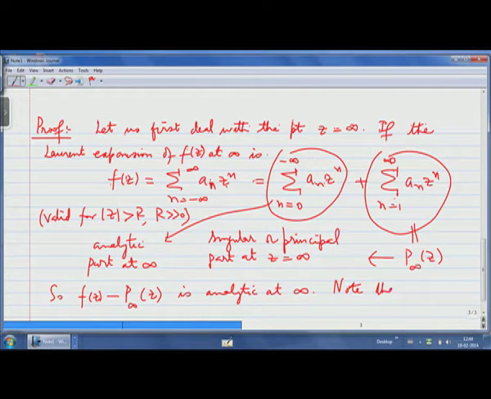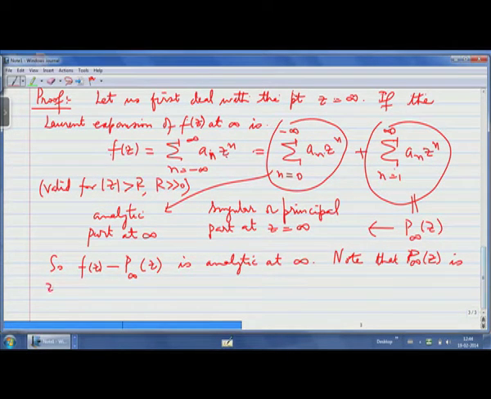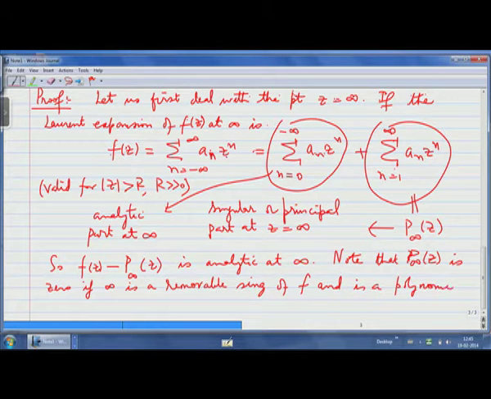Note that p infinity of z is 0 if infinity is a removable singularity of f, and is a polynomial of positive degree equal to the order of the pole of f at infinity.